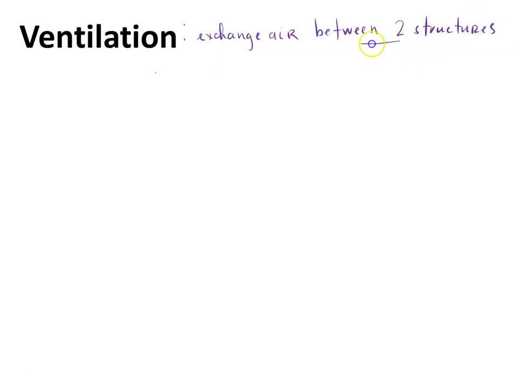Okay, so these two structures, one is going to be the atmosphere, and two, lung, or I'll just put alveoli. Alveoli, okay? That's ventilation, aka breathing.